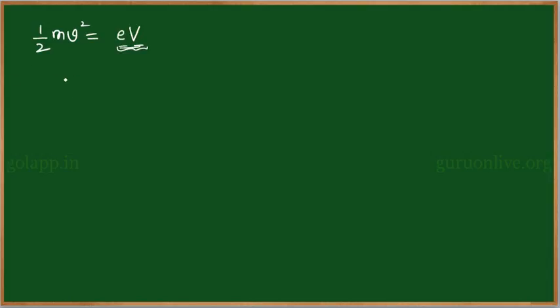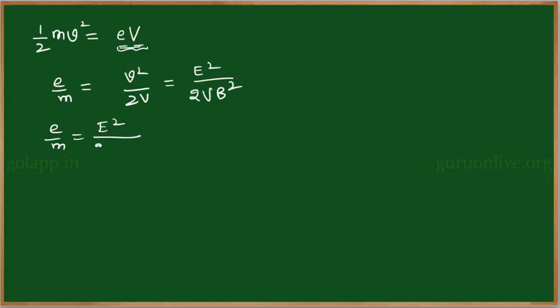Now I am taking e by m, that is equal to v square by 2V. We got v, so that is E square by 2V B square. So this is the e by m value of those charged particles which are entering into the magnetic field B and electric field E.